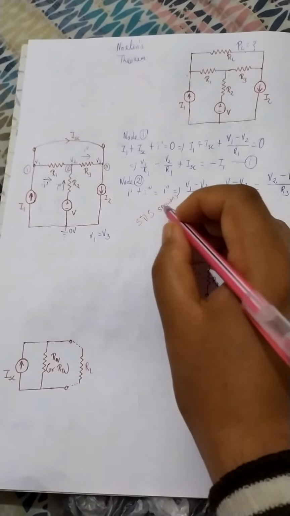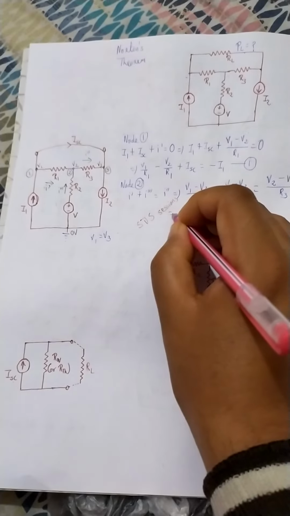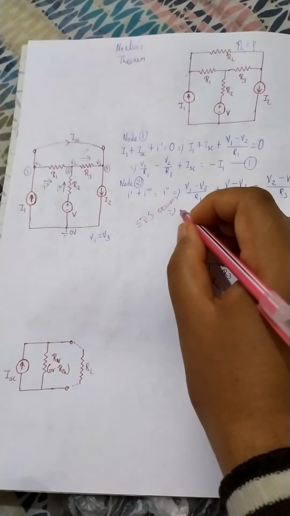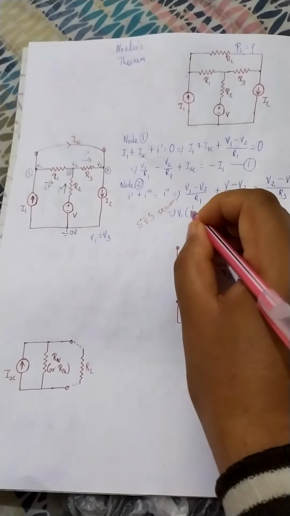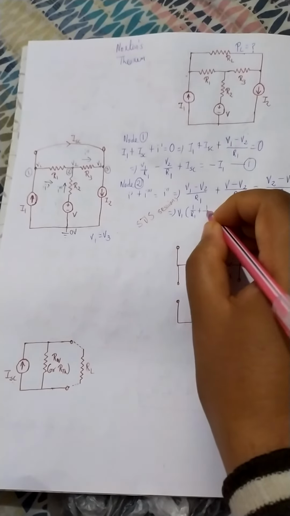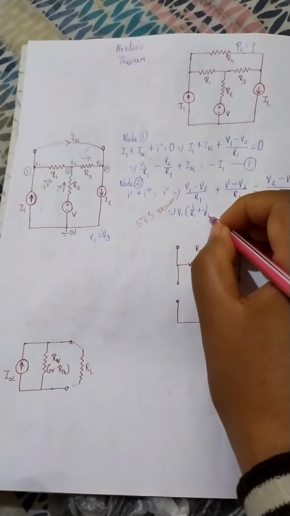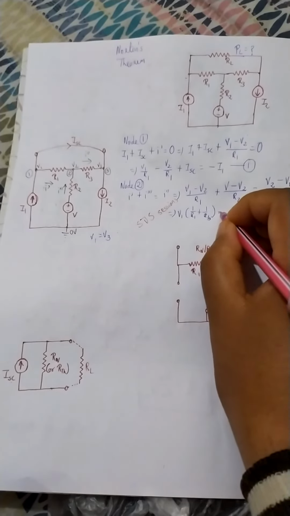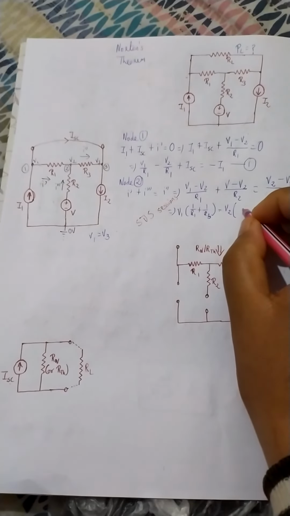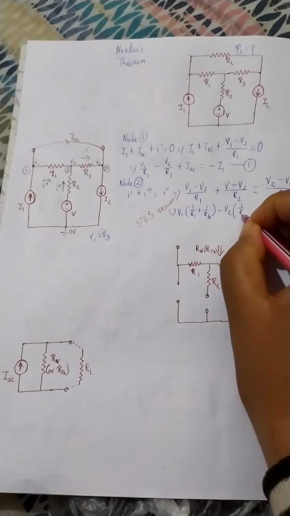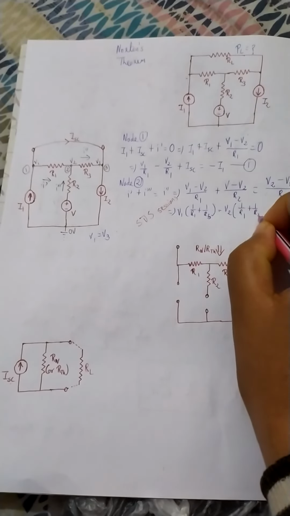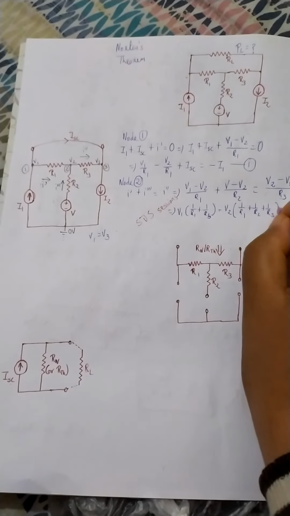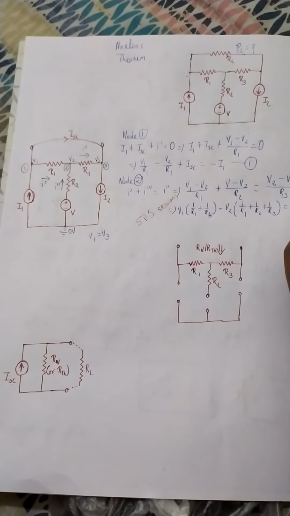If we simplify and rearrange, we finally get V1 (1 by R1 plus 1 by R2, 1 by R1 plus 1 by R3) minus V2 (1 by R1 plus 1 by R2 plus 1 by R3) equal to minus V by R2. So this is equation number 2.